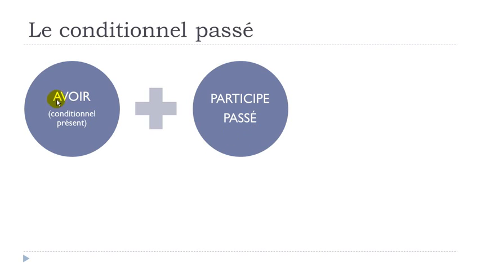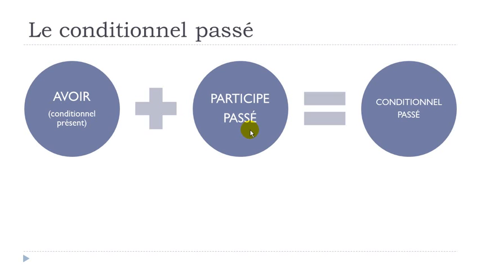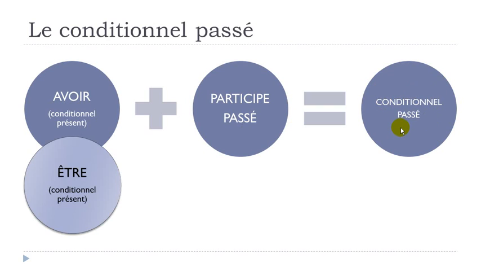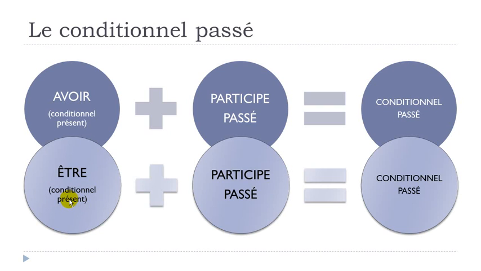So first, avoir at the conditionnel présent form plus participe passé, past participle, then you will get your conditionnel passé form. Okay? But we saw as well that in some cases we'll use être, but then same thing, it should be at the conditionnel présent form, plus participe passé, so it doesn't change, and it will give you conditionnel passé.